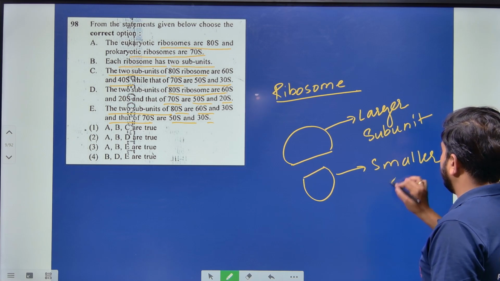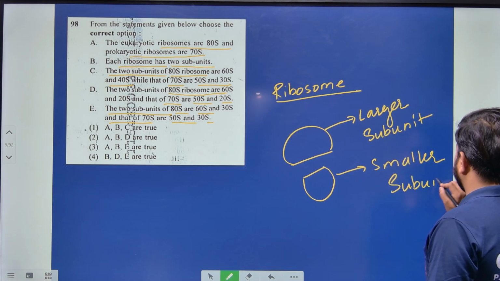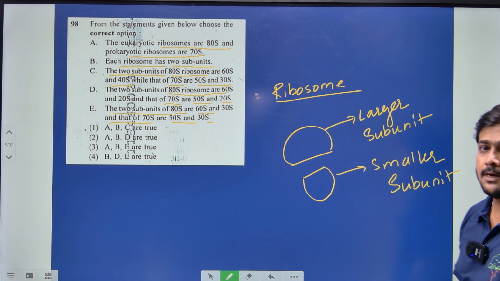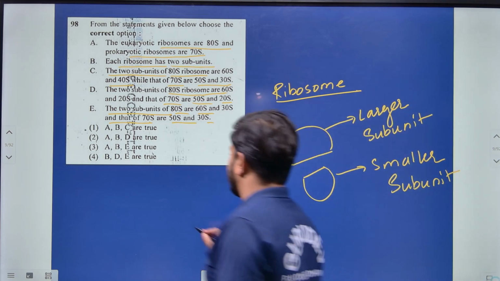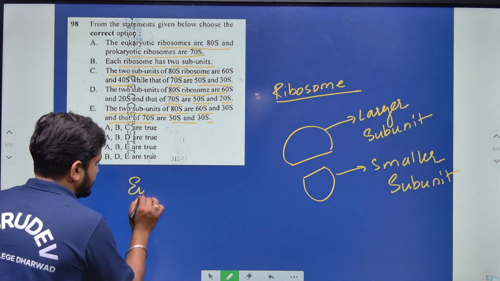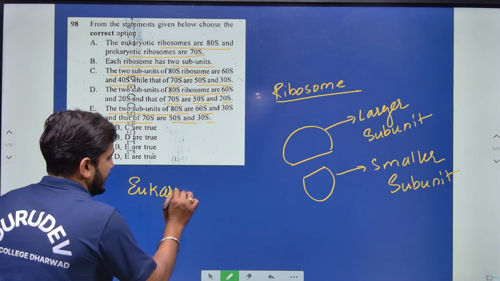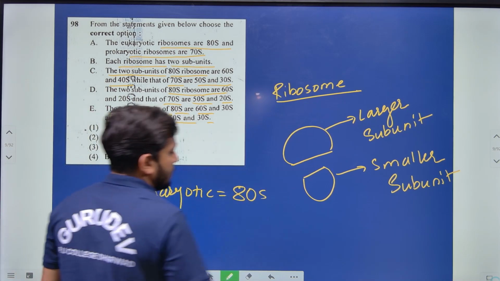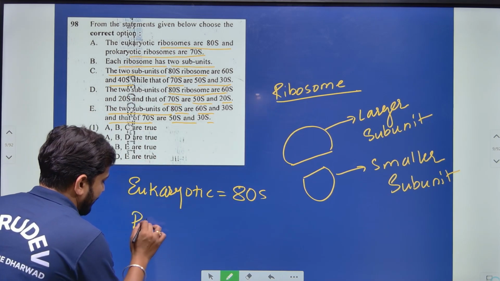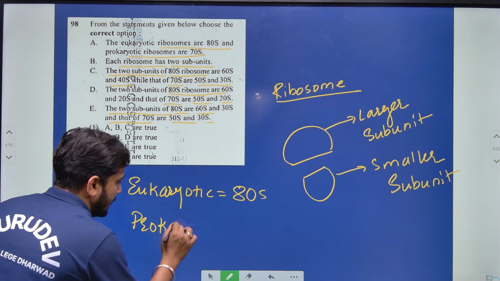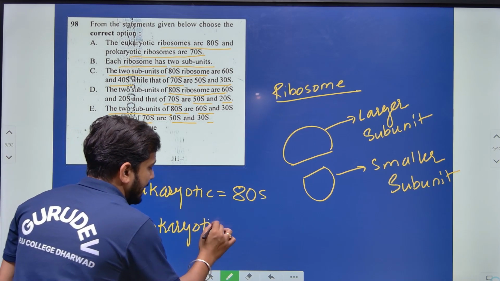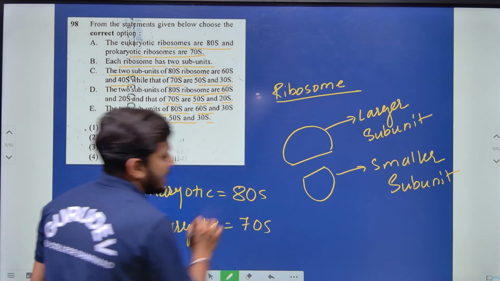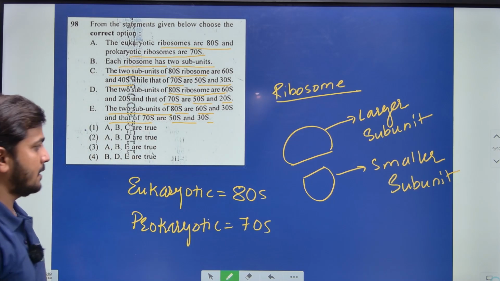Now, when I compare the eukaryotic organism, I get an 80S type of ribosome. But in the prokaryotic organism, I see a 70S type of ribosome, right?